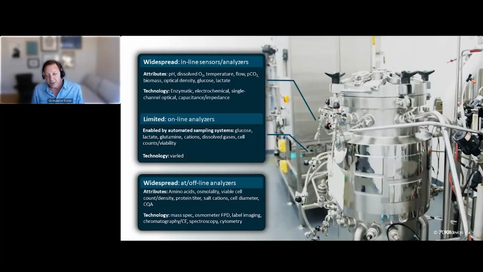And the technologies are a little more high-end or a little more broadly capable there, again, because they can service a lot of different bioprocesses. Mass spec, for example, osmometers, labeled imaging, chromatography, electrophoresis, spectroscopy, and cytometry.